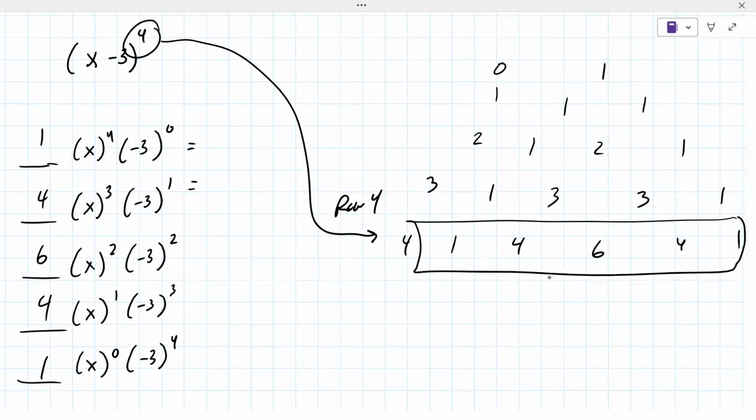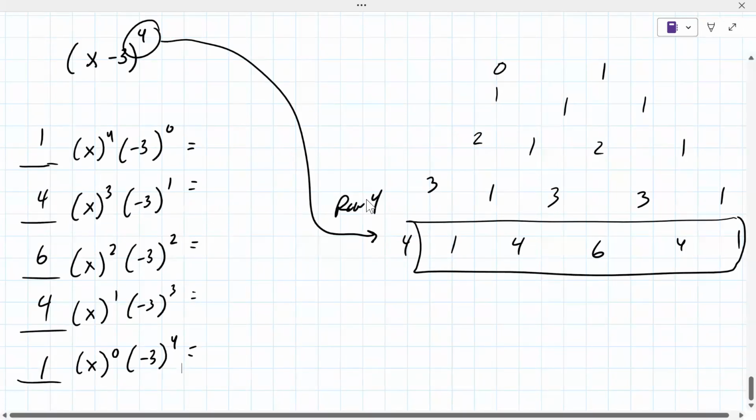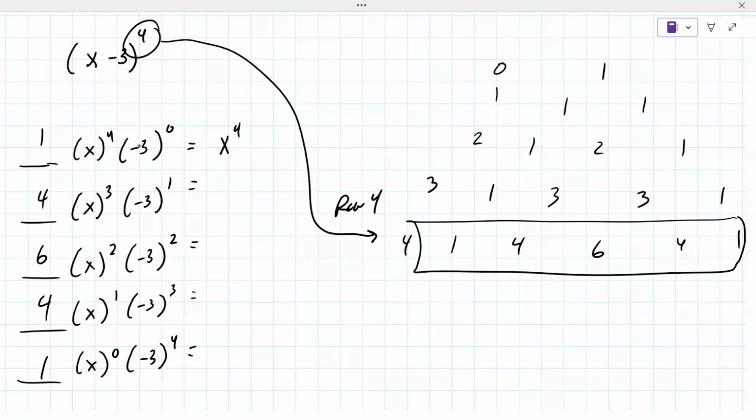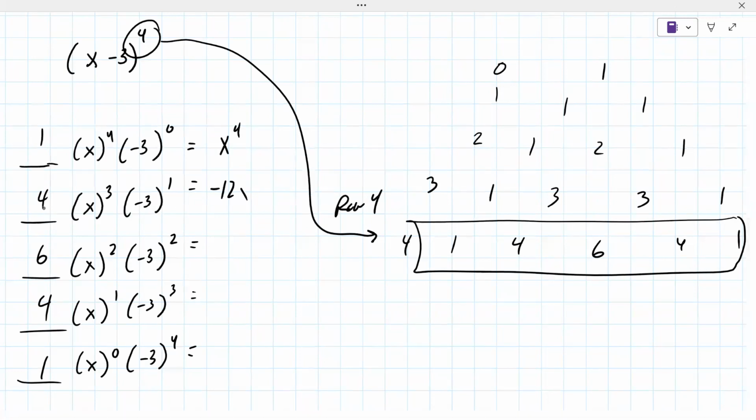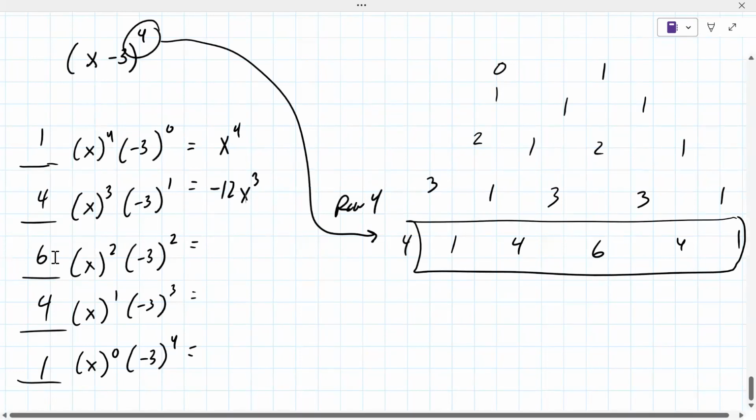And now you multiply these together. So anything to the 0 power, first one, anything to 0 power is 1. So the first one's just x to the fourth. It's not always just the x to the power, but it could be. The next one is -3 times 4. That's -12x cubed. 6 times, this is 9.